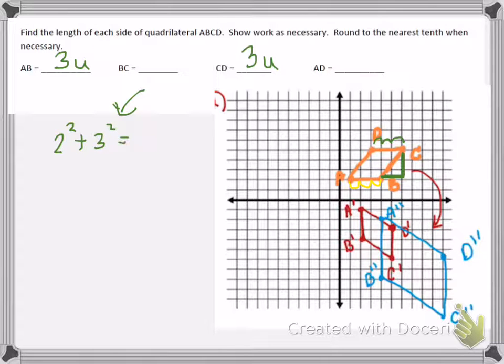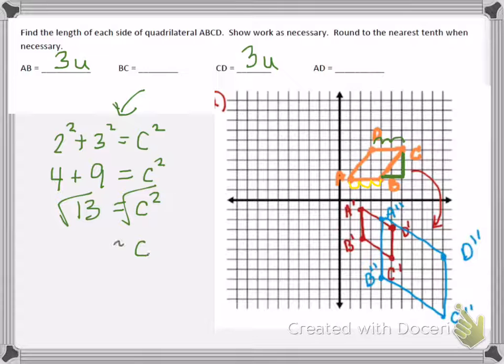That will give us the length of the hypotenuse, which is side BC. 2 squared is 4. 3 squared is 9. And so we get 13 as our c squared, and taking the square root of each side of the equation, we get about 3.6 units. And so side BC is about 3.6 units.